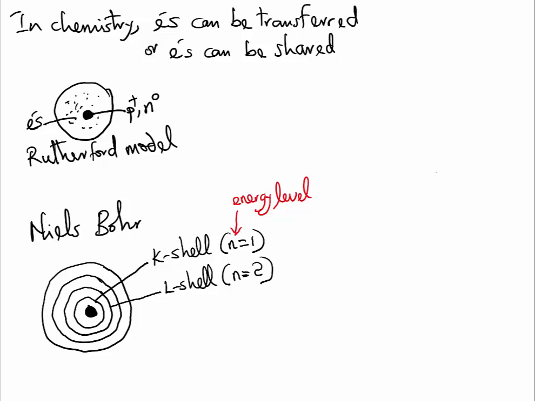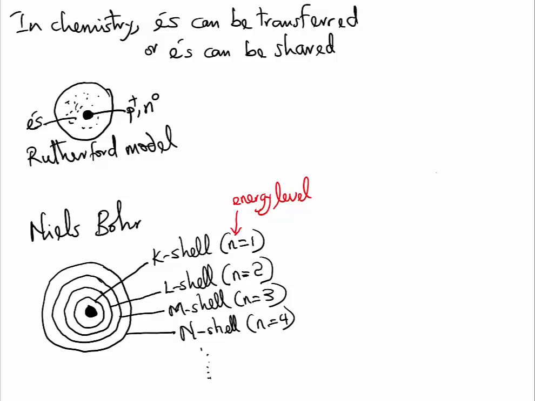The third shell relative to the nucleus is labeled as the M shell, or n equals 3 energy level. And the next after that is labeled as the N shell. They are labeled alphabetically, or n equals 4 energy level. There are more shells, but let us stop at n equals 4 for now.